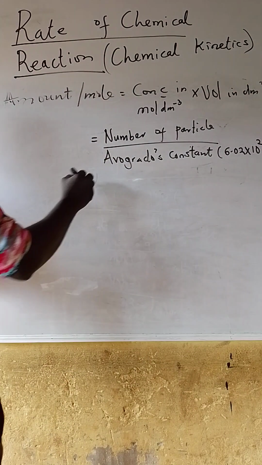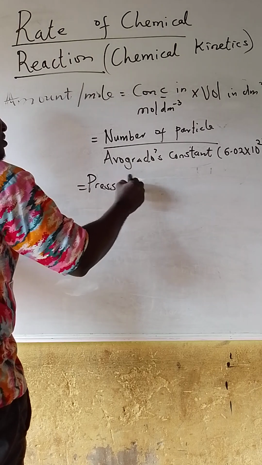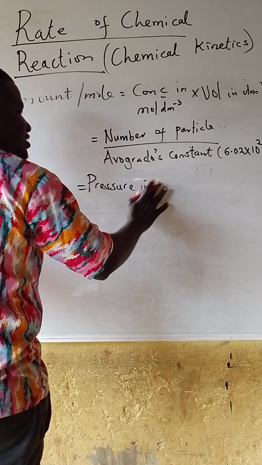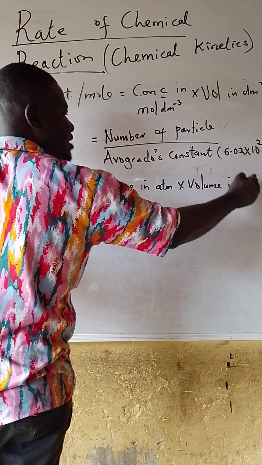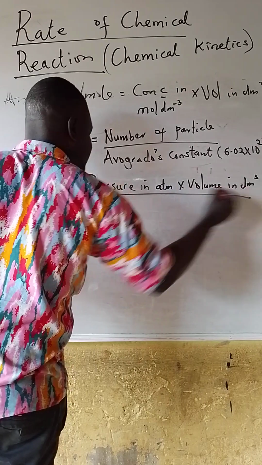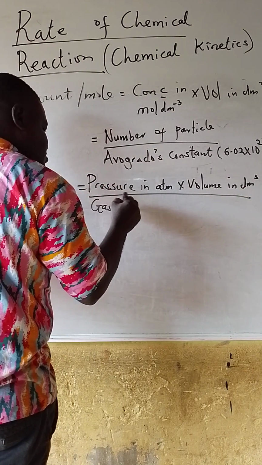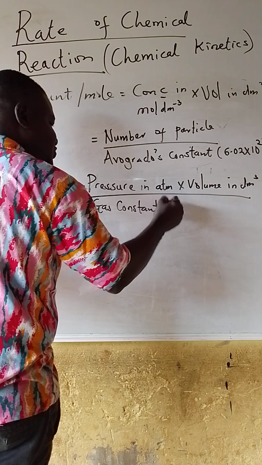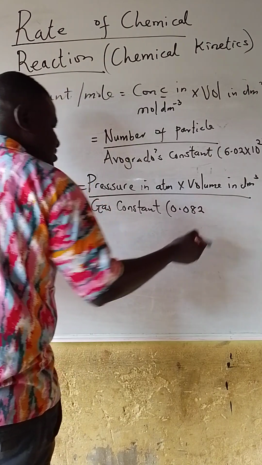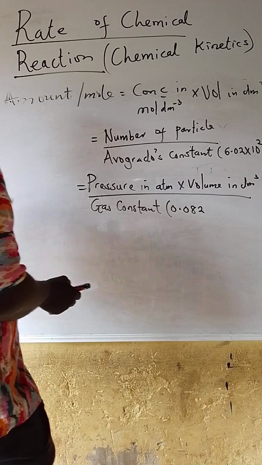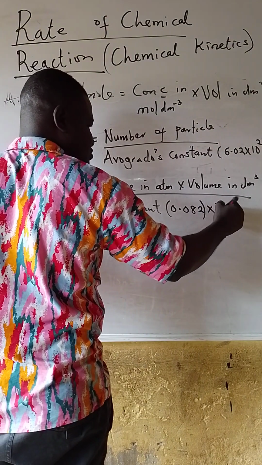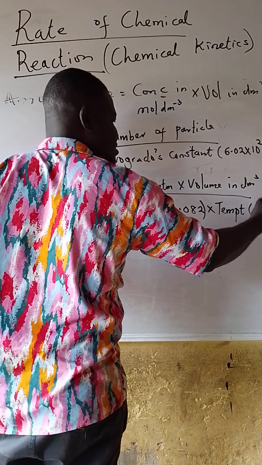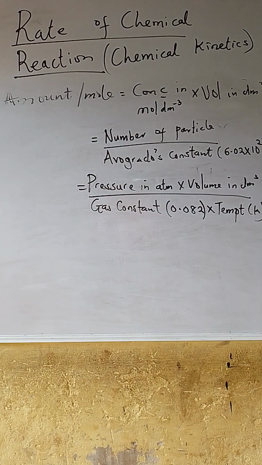Or pressure in atm times volume in dm cube over gas constant, value 0.082 atm dm cube per mole per Kelvin, times absolute temperature, which must be what? Kelvin. So you should remember all these 5 formulas that have been written on the board.